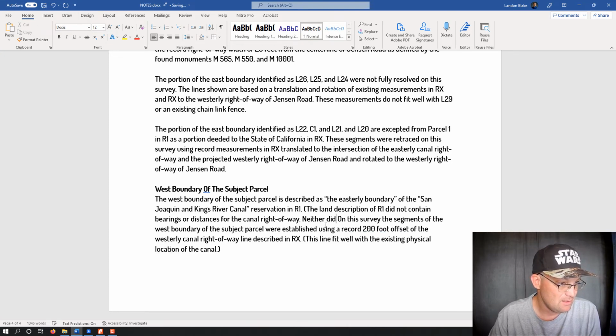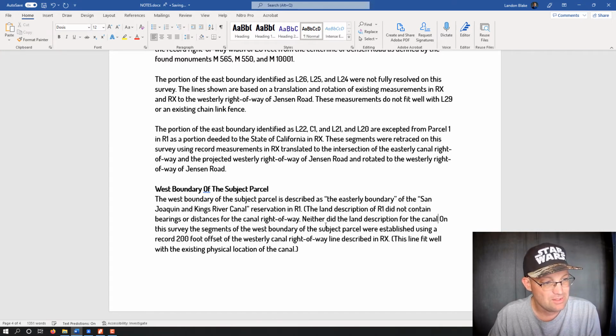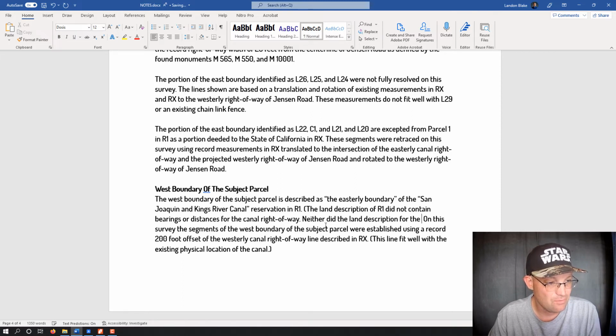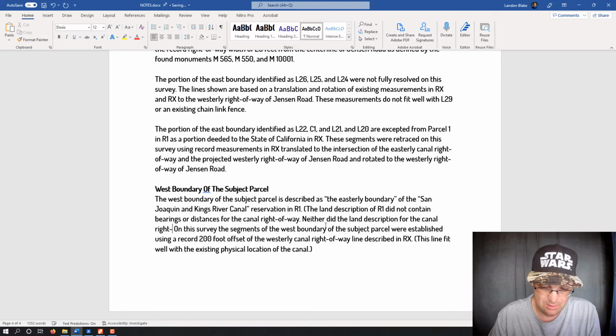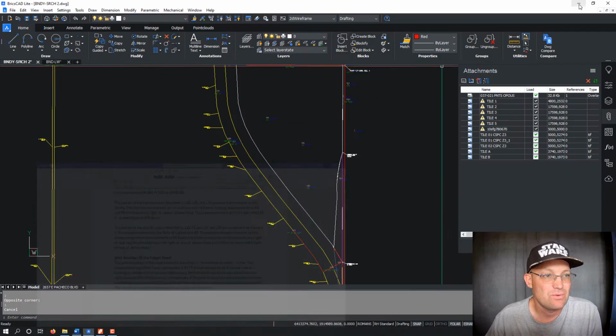Neither did the land description for the canal right-of-way in RX, and that'll be the actual canal deed. So neither the canal deed nor my vesting deed had metes and bounds for the canal.